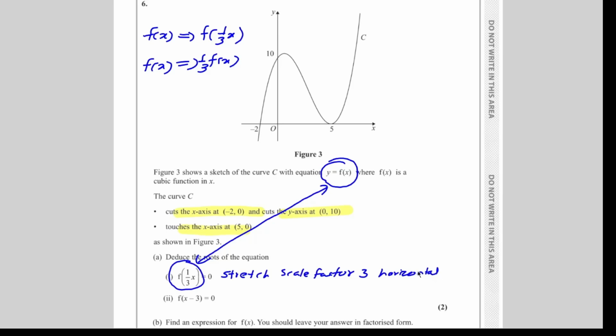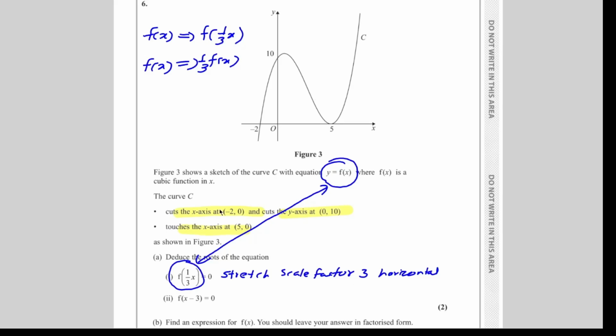The x coordinate should be multiplied by 3, not by 1/3. You always apply it the opposite way. The transformation says 1/3 of x, but when we apply it, you have to multiply by 3.